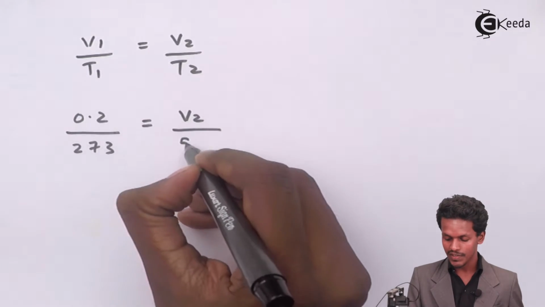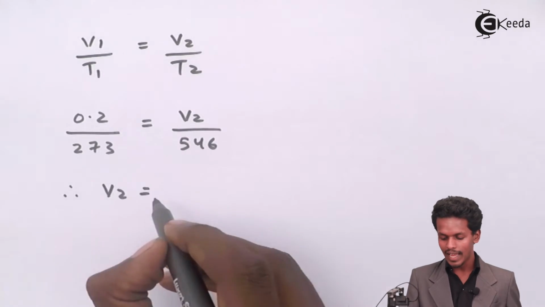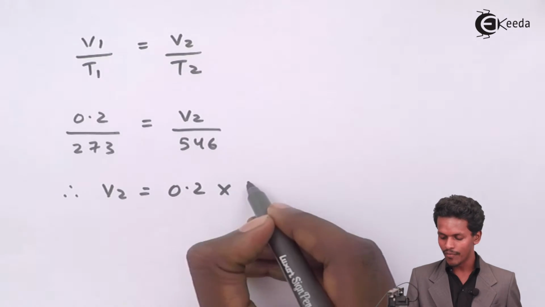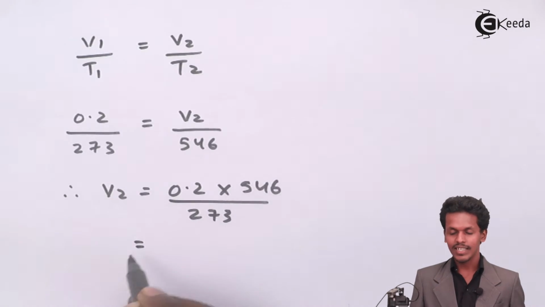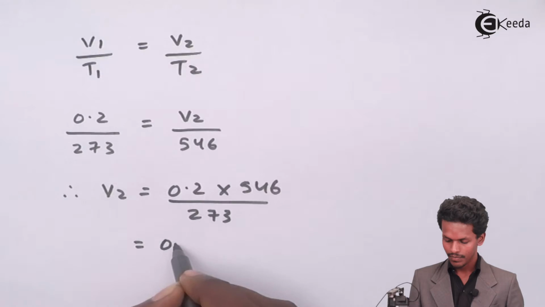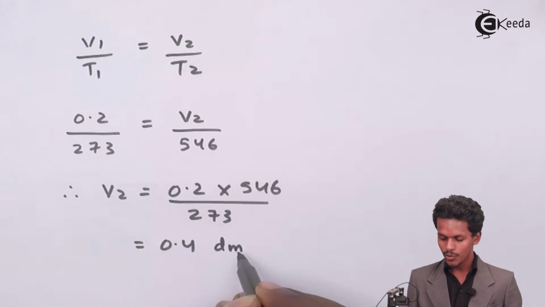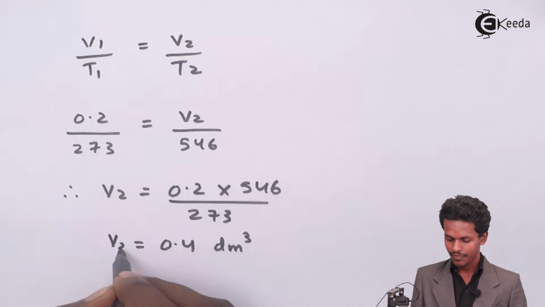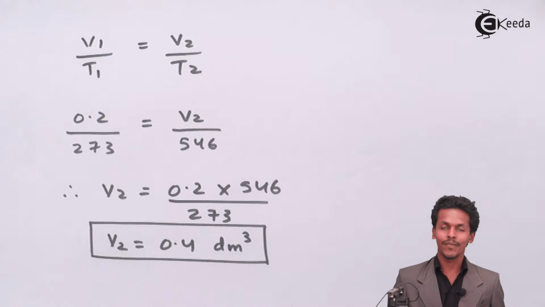So V2 will be 0.2 multiplied by 546, the whole divided by 273. The answer is 0.4 dm cube.